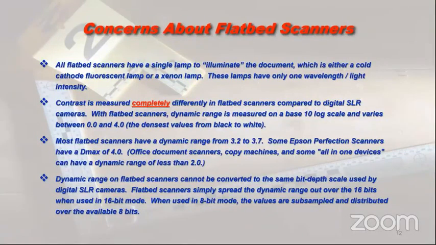On flatbed scanners, the maximum dynamic range is 4.0. So when we're talking about getting the best possible bit depth, you have to make sure that you're using the most appropriate device, because if you are trying to assess color, the quantitative value is going to vary between whether you photograph something or whether you scan that object.